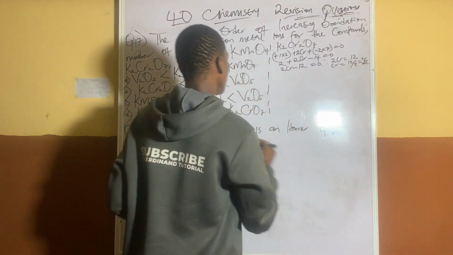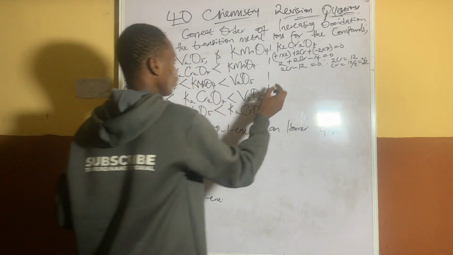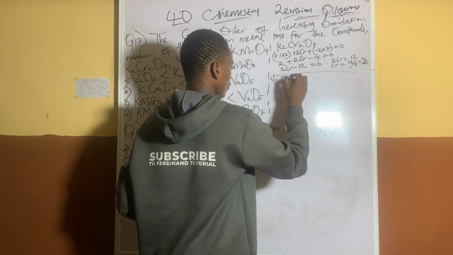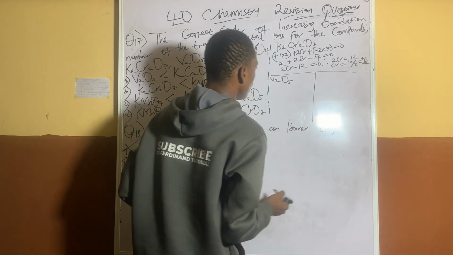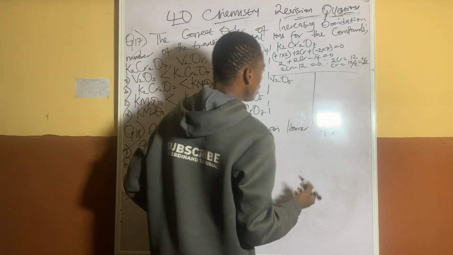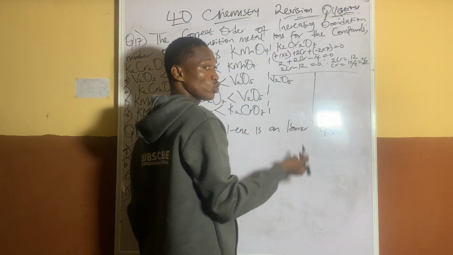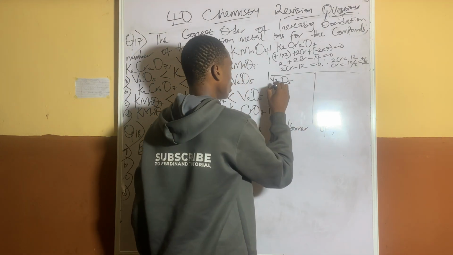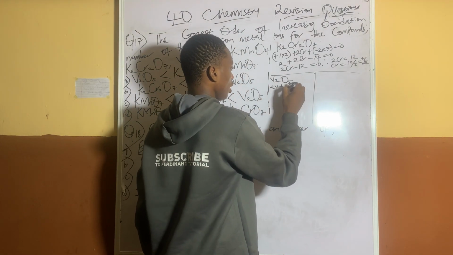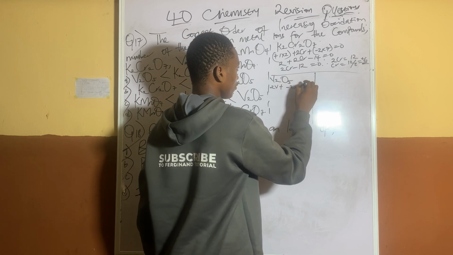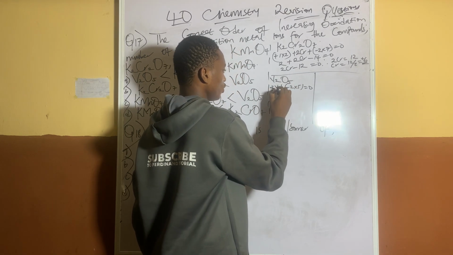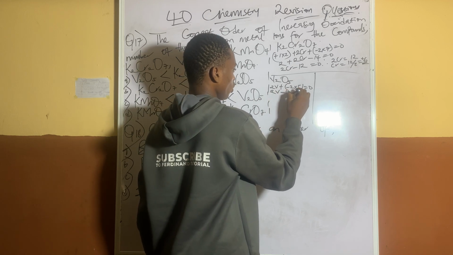Now let's calculate that of V2O5. For V2O5, anywhere I see V is unknown; that's what I'm calculating for. Oxygen is already minus 2. So 2V plus minus 2 times 5 is equal to 0, so 2V minus 10 equals 0.